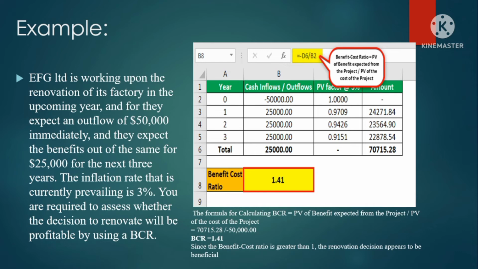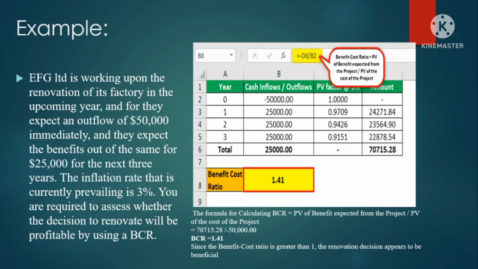So this is the solution. To do the cost-benefit analysis, first we need to bring both cost and benefit to today's value. Since the outflow of $50 is immediate, it would remain the same. Since the gains are in future value, we need to discount them back by using a discount rate of 3%.